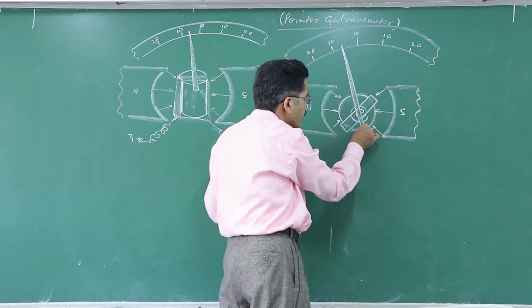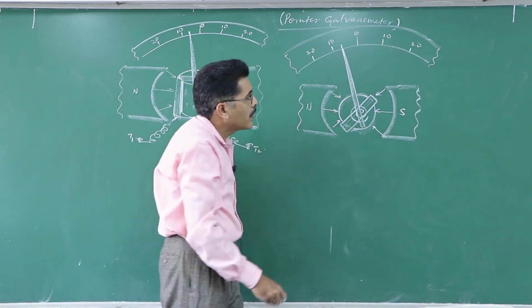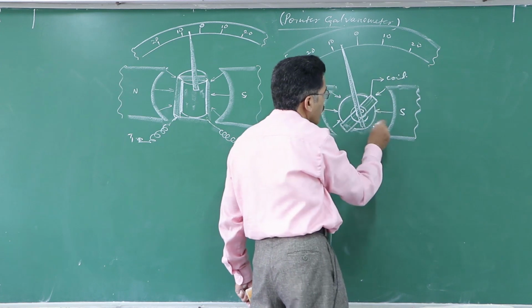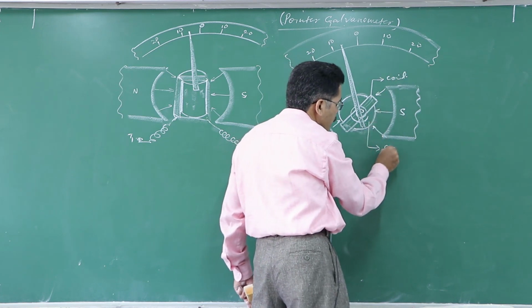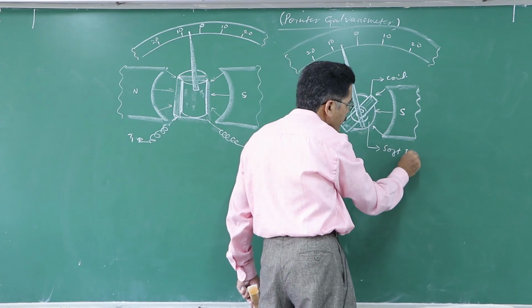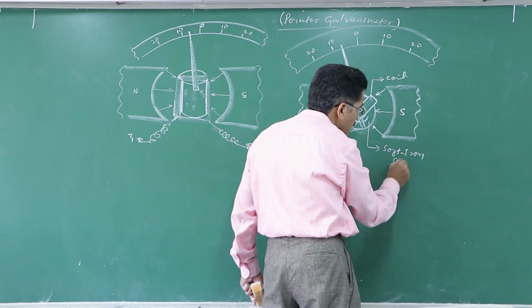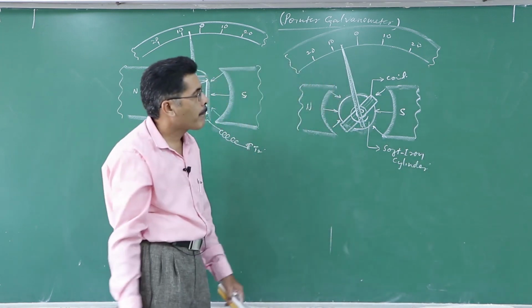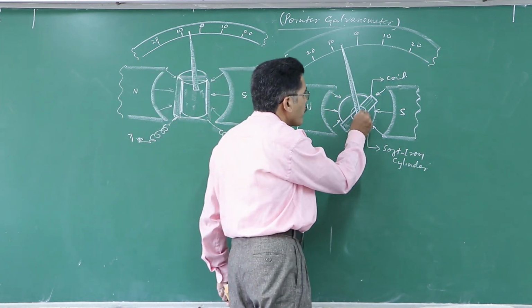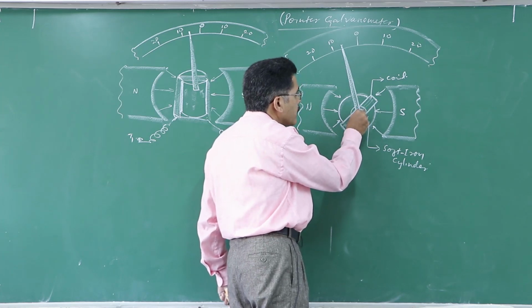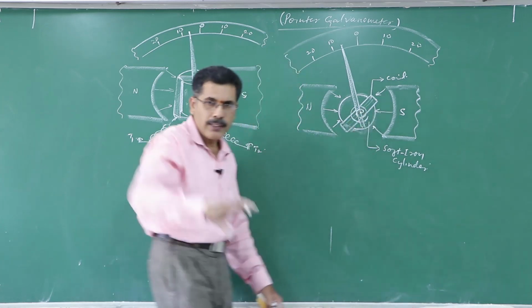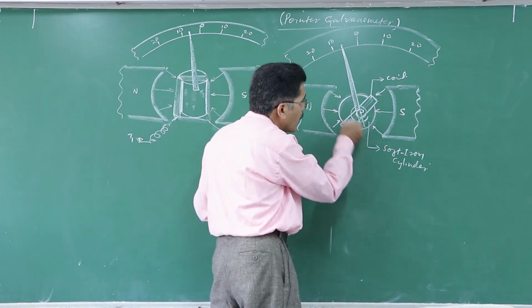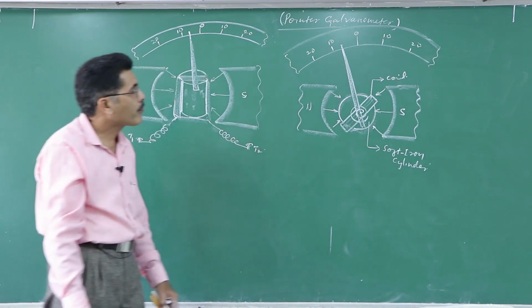This is the coil. This is the soft iron cylinder. And this is the spring which controls the motion of the coil.